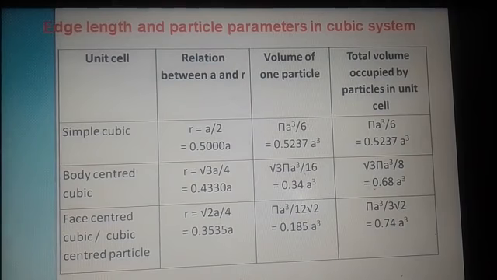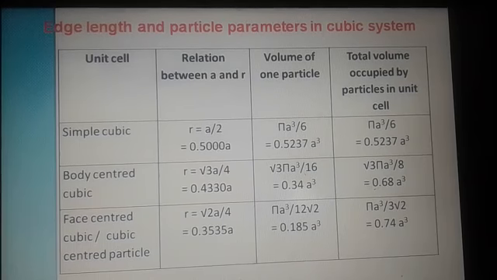These relations are useful to us to determine the radius, volume of particle and volume occupied in unit cells in a simple cubic system, body-centered cubic system and face-centered cubic system. And very easily we can determine these parameters.